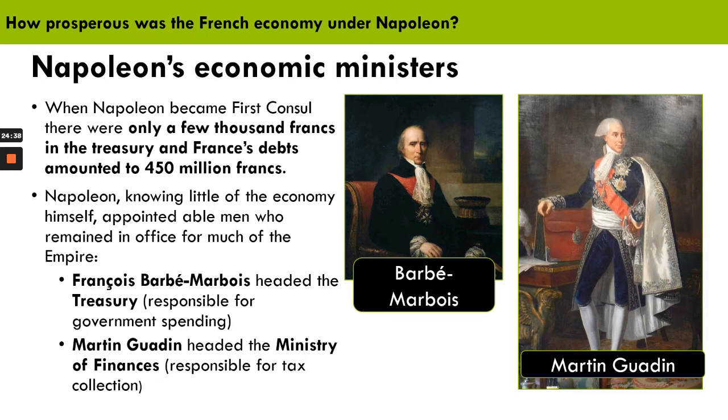So he appointed Francois Barbe-Marbois in charge of the treasury, which was responsible for government spending, and Martin Gaudin in charge of the finances, in charge of tax collection. So you can see you've got much clearer delineation, much clearer administrative roles for the different departments in France to do this. And these people were in office for most of Napoleon's empire.